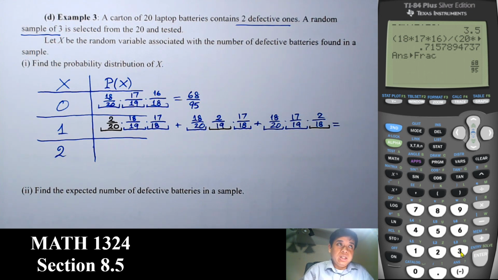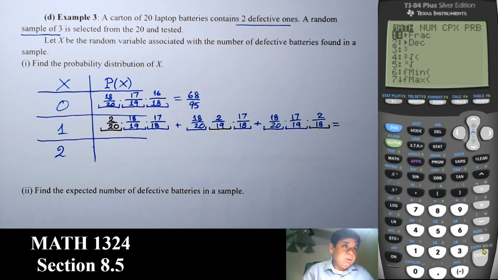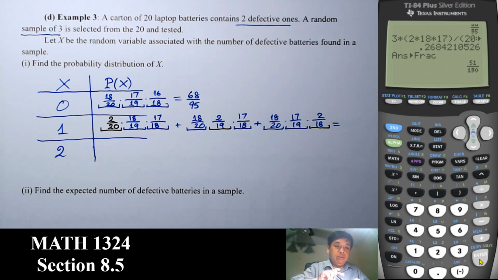So essentially, we just say 3 times, at the top we have 2 times 18 times 17, and at the bottom, 20, 19, and 18. Convert to a fraction, we have 51 over 190.